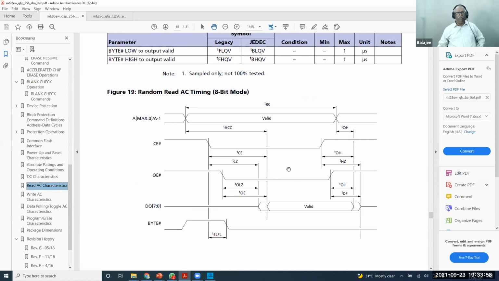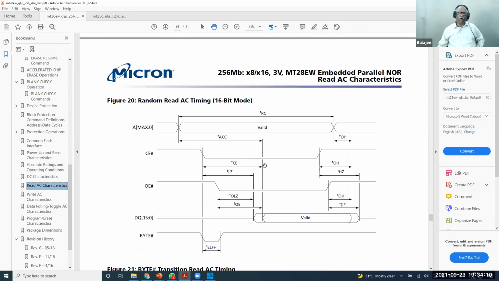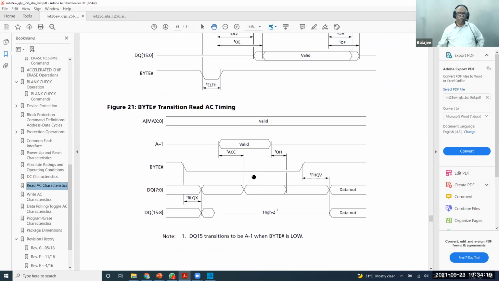This is what every hardware designer should know perfectly. But very unfortunately, today it has gone to software also. All the timings can be controlled by you in the software slowly. If you don't meet the timing, then you cannot write. Am I right?